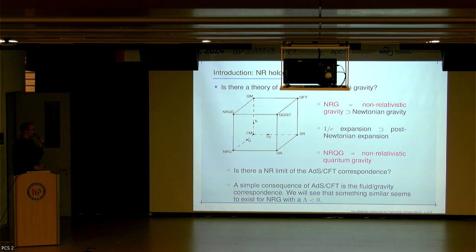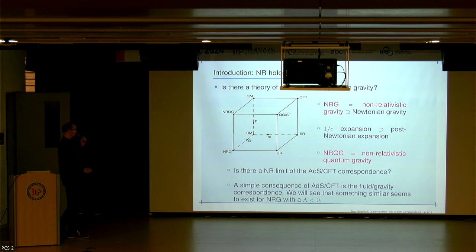Because imagine that there is, I mean, this could be string theory or some other theory of quantum gravity. If you take a sufficiently careful 1 over c expansion, you should be able to go down this way and then land on this one. But if you reverse that logic, that means that something must live here. And then maybe if I know what that is, I can start thinking about 1 over c corrections and then start to study this one.